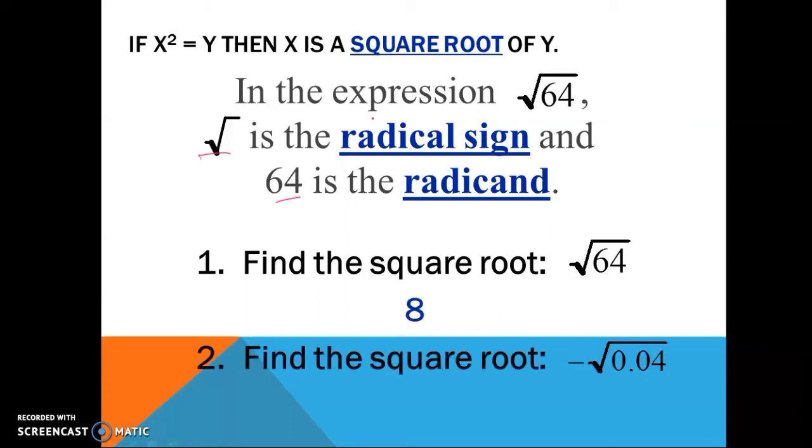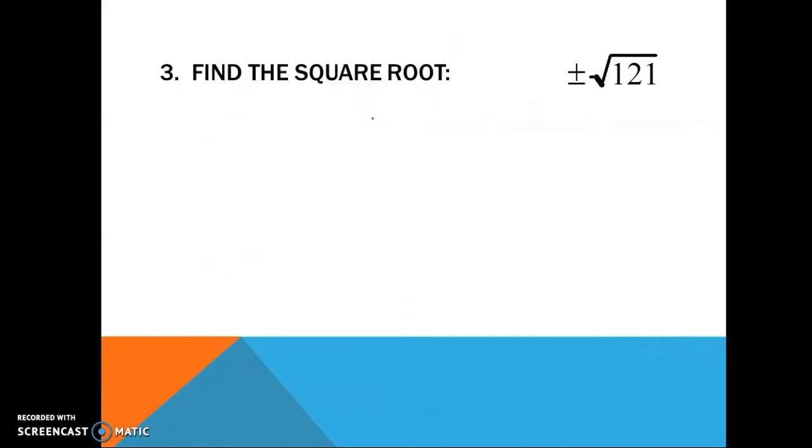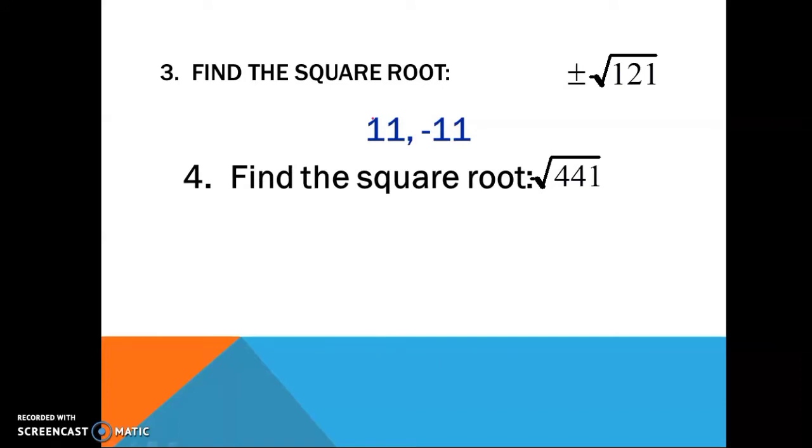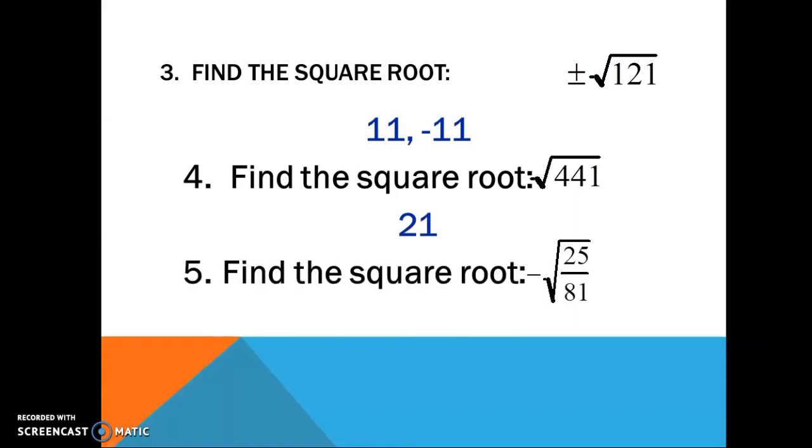If I'm asking about negative square root of 0.04, your answer would be negative 0.2. Positive negative square root of 121, your answer would be 11 and negative 11. Number 4, square root of 441, so the answer is 21.